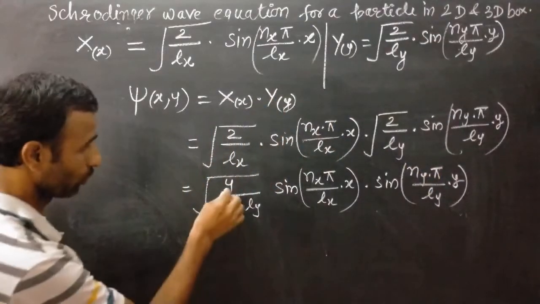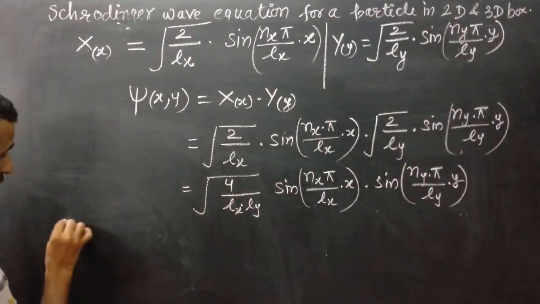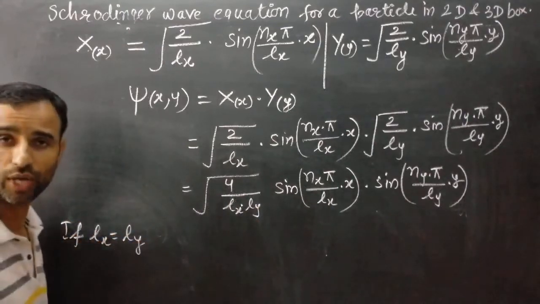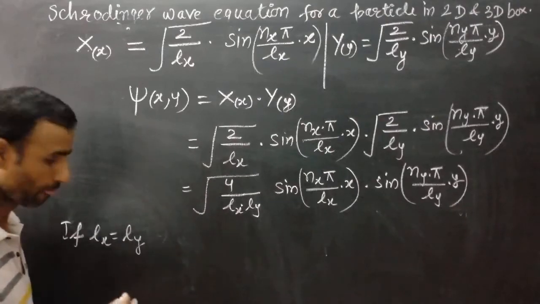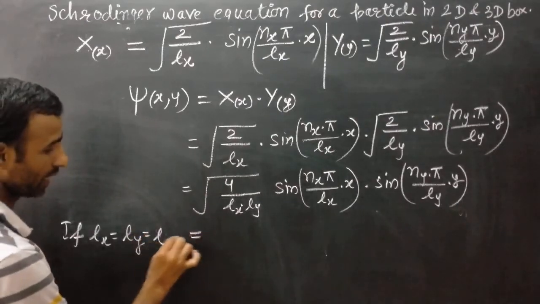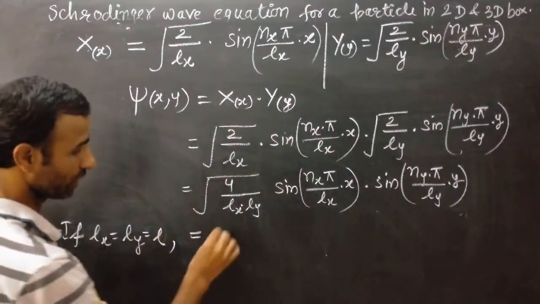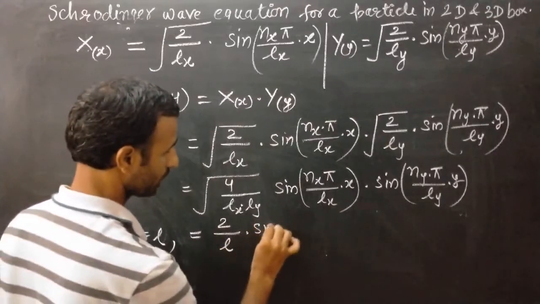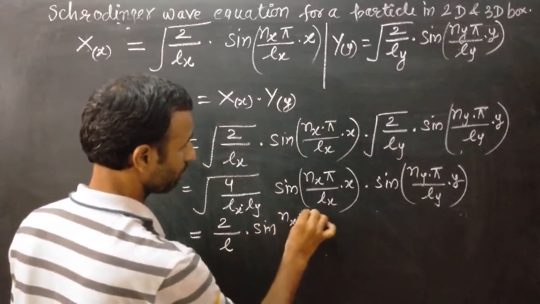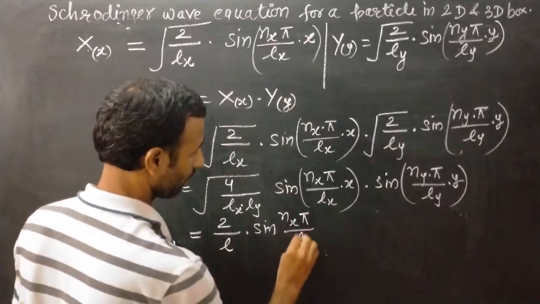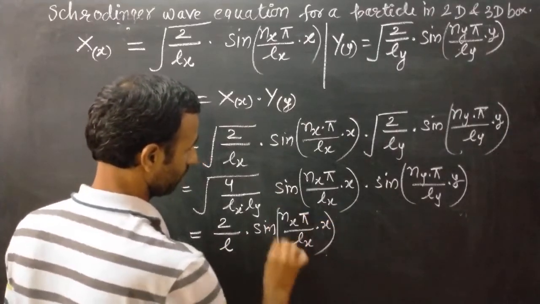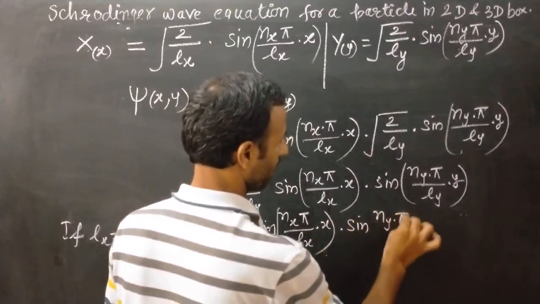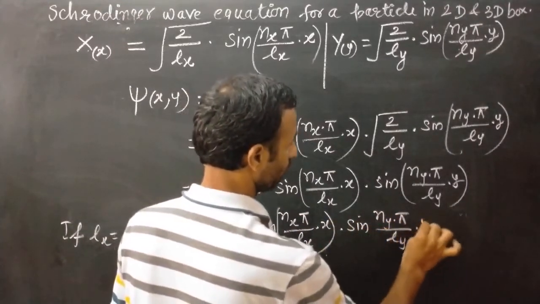Right? So if Lx is equal to Ly, meaning along the x-axis and y-axis the lengths are equal and that is equal to L, then this ψ(x,y) becomes 2/L into sin(nxπx/L) into sin(nyπy/L).